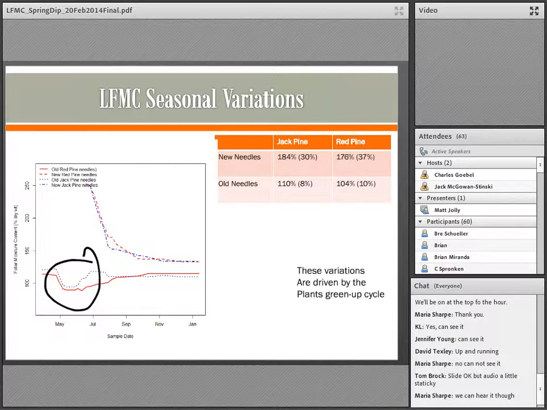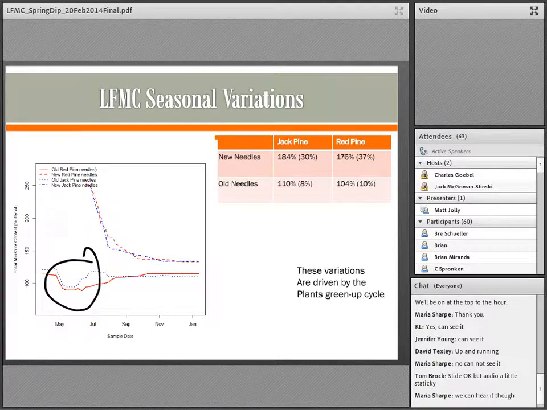So basically what's happening here is that in the springtime, before new needles emerge, particularly when the weather is favorable, the trees start to photosynthesize. And as that photosynthesis continues, they have the ability to accumulate carbon in those needles until there's a demand for that carbon, and that demand is new needles.